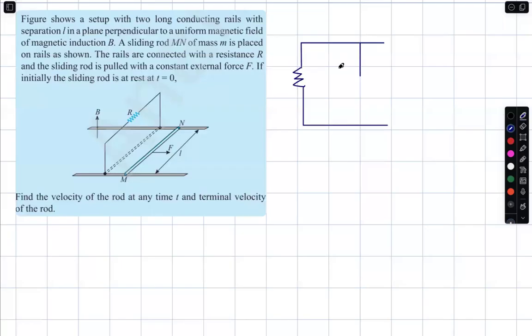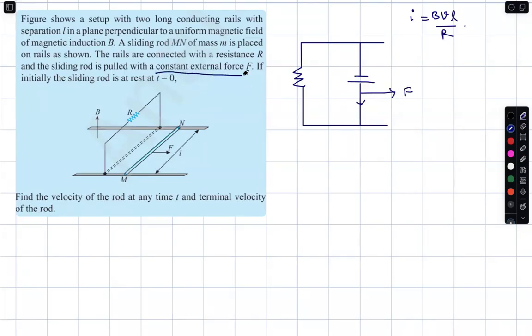Fleming's right hand rule: outward field, thumb represents direction of motion, central finger is from N to M, which means this is how you have the arrangement. So the initial current is BVL by R.